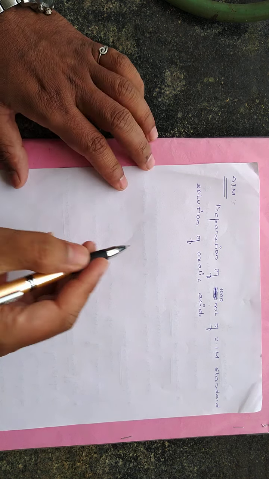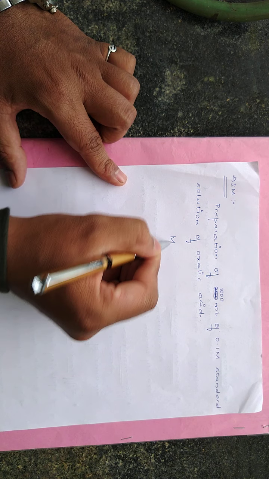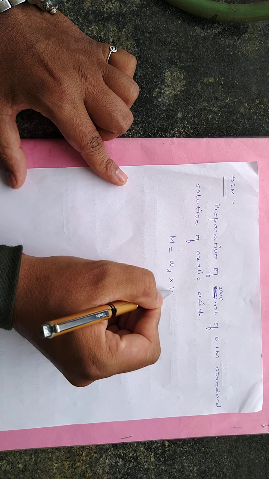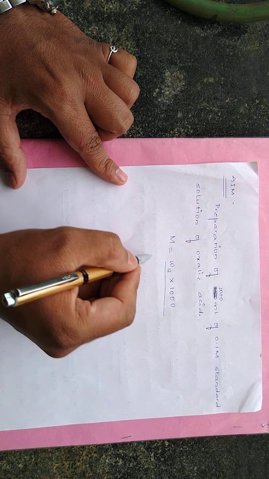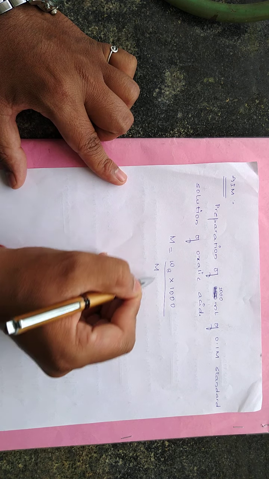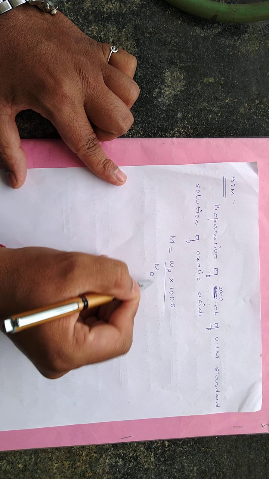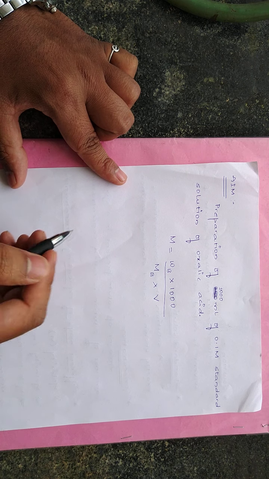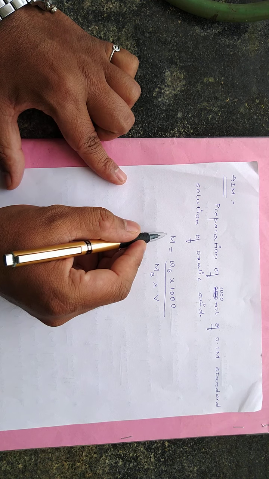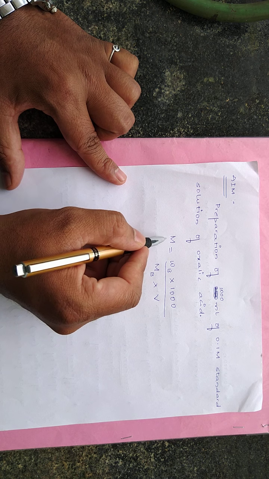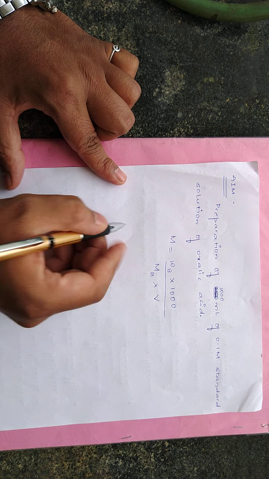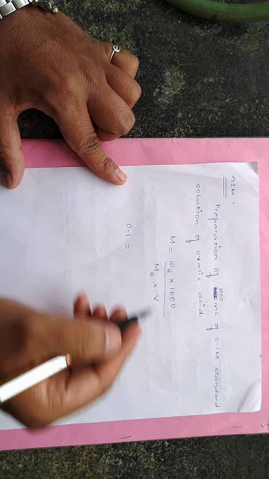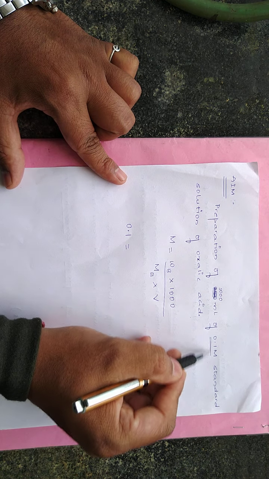We have the formula: molarity is equal to weight of the solute multiplied by 1000, divided by molecular mass of the solute multiplied by V, the volume of the solution. We already know that we are going to prepare a 0.1 molar solution, that is, the value of molarity is 0.1, which has already been given in the aim.